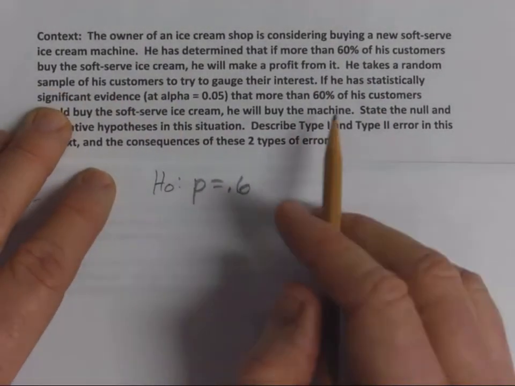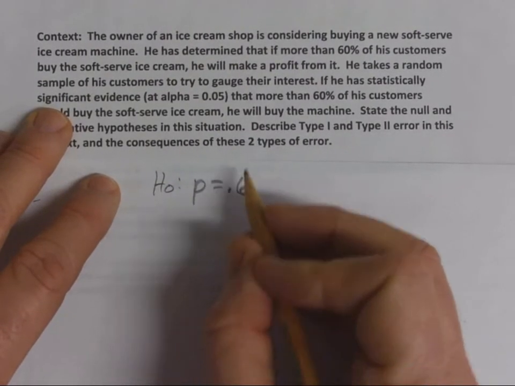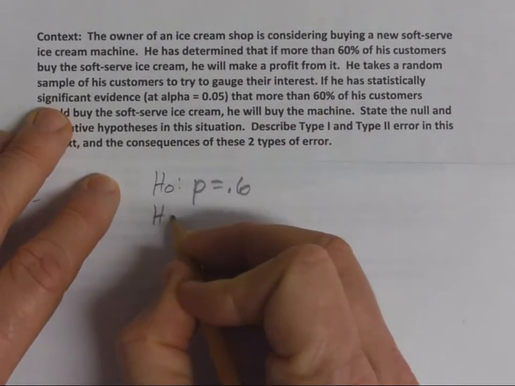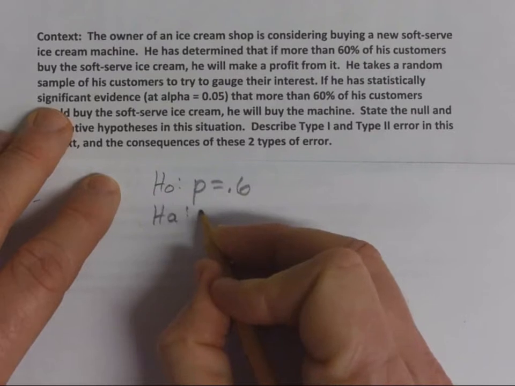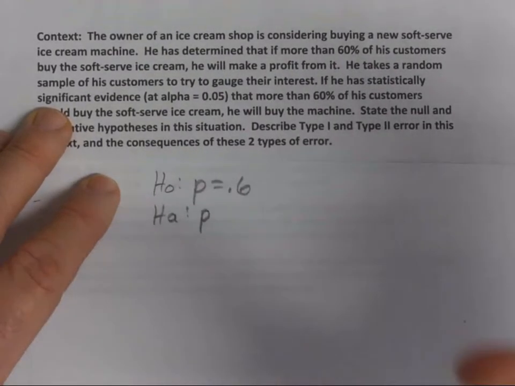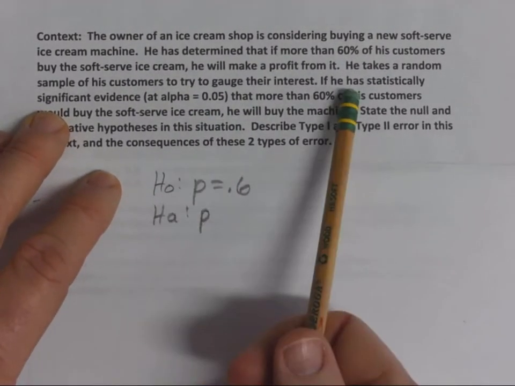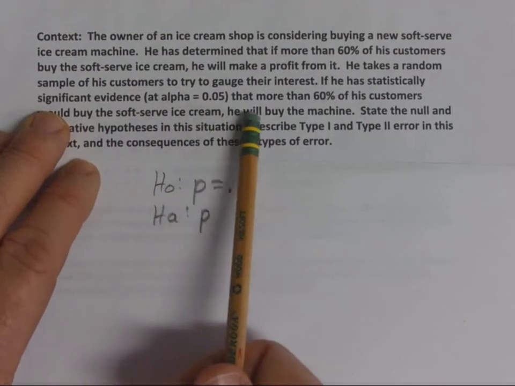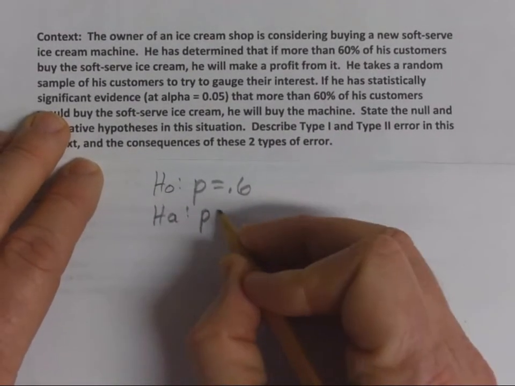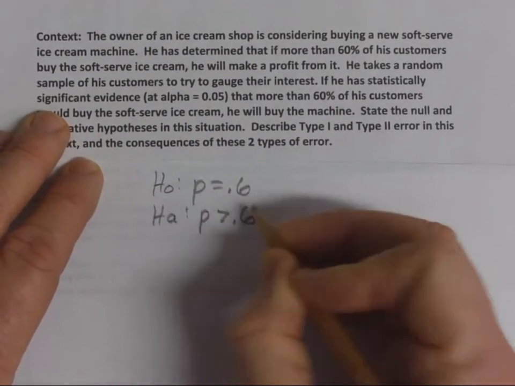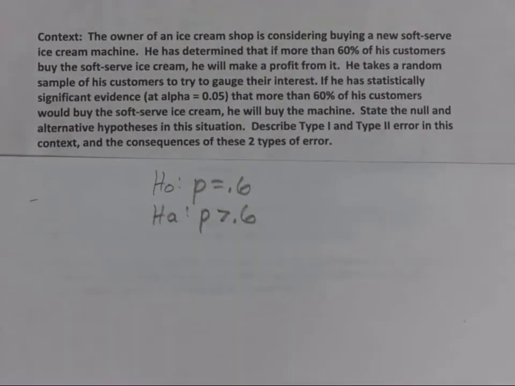That is the claim. The alternative is what we suspect might be true, or what we're testing for, or what would call for a change or significance. And what it says here is if he has statistically significant evidence, then more than 60%. So that's what we're suspecting. And there are, in essence, our hypotheses.